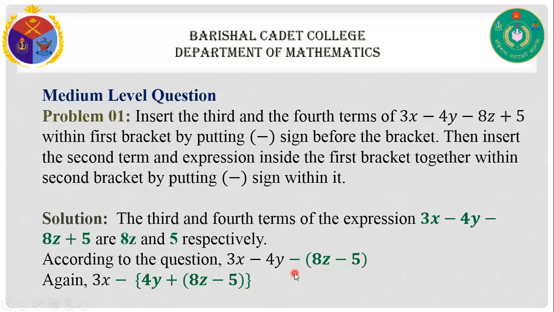And here it has negative sign before the first bracket, so we have now positive sign because we introduced negative sign before the second bracket. So boys, I hope you understand. This is another type of problem of this chapter, introducing bracket.